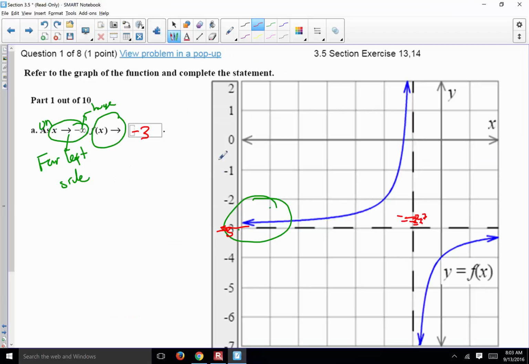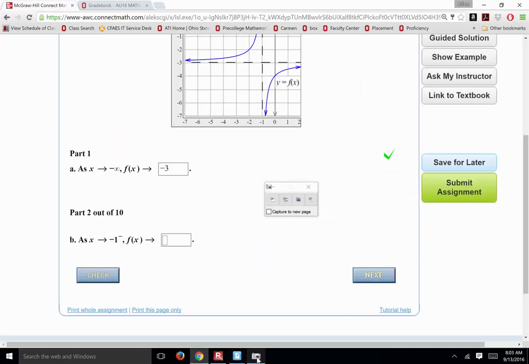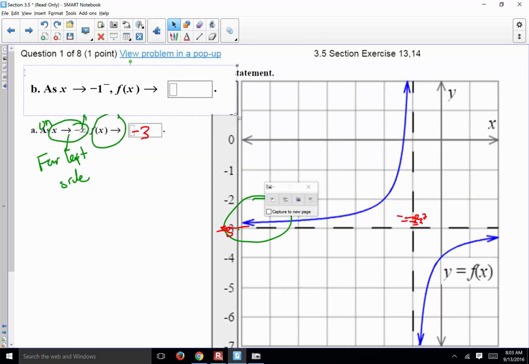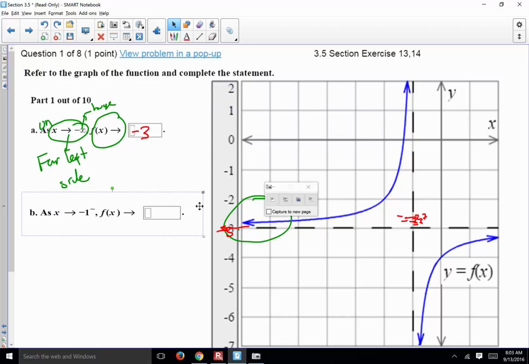Let me copy it here so we can draw on it. There we go.